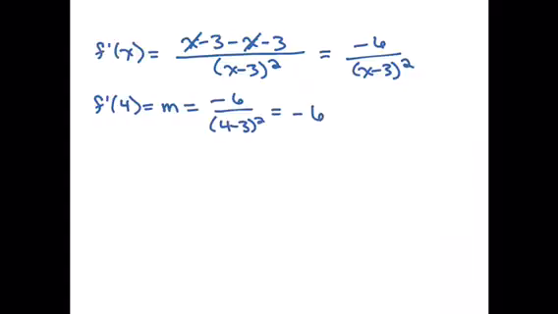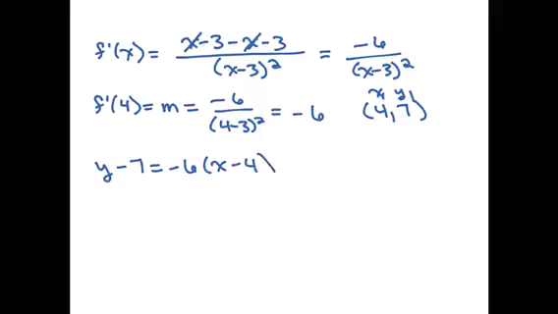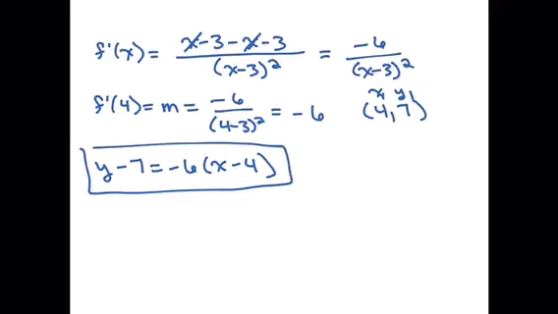So now, if I plug my slope and our point into point-slope form, I get y minus y1 equals m times x minus x1. That would be the equation of my tangent line in point-slope form.